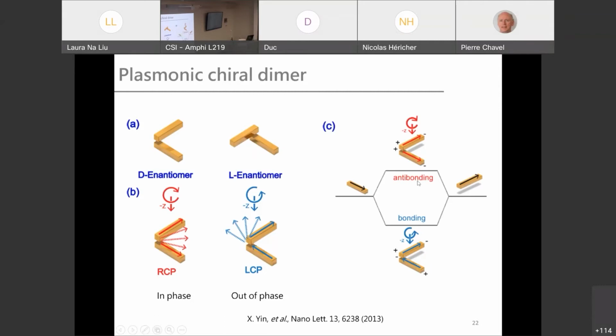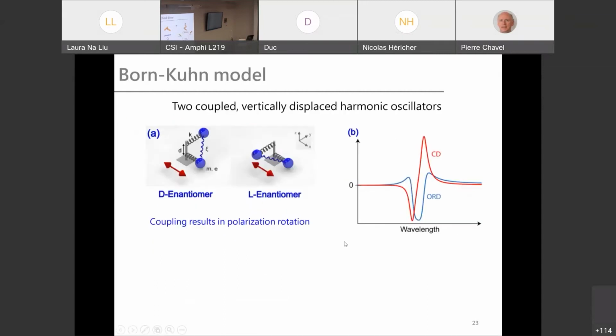The anti-bonding mode lies at the higher level because I have the same charge at this end and the same charge at this end, and they are repulsive. This results in a higher energy level. On the other hand, I have the attractive force at the corner, for instance, and this results in the bonding mode, which has the lower energy level. And this is called plasmon hybridization.